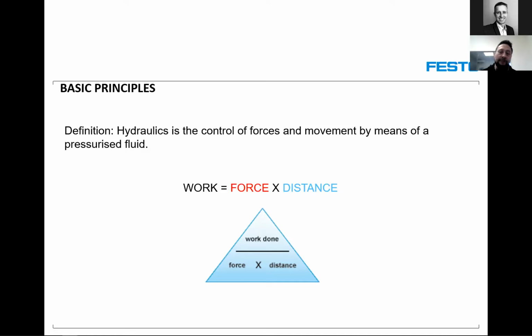But remember that the force needs pressure and area to be able to push against the load, so that the load will move across the distance. So work equals force times distance. This is the first formula you should know when you're looking at basic hydraulics, and you also need to know the little triangle here at the bottom.